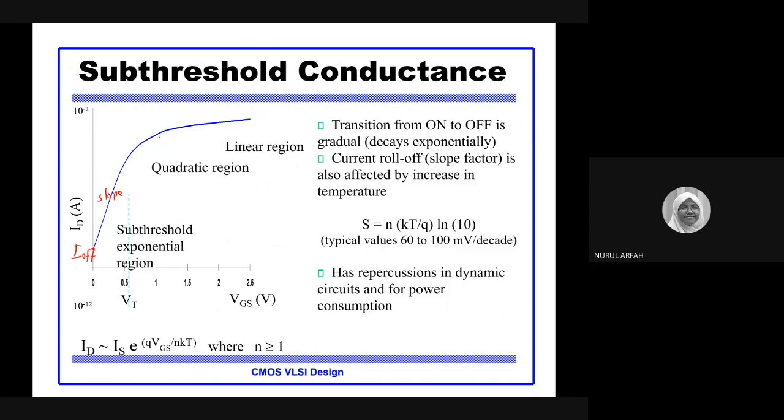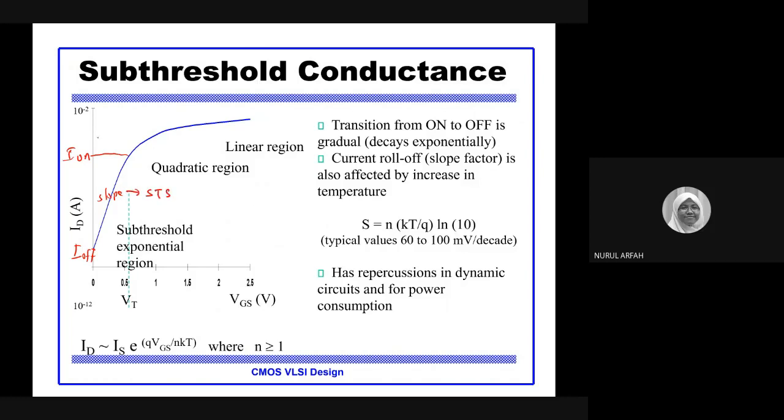And to turn on, maybe the turn-on current is at this part. Actually this slope here is the sub-threshold slope.